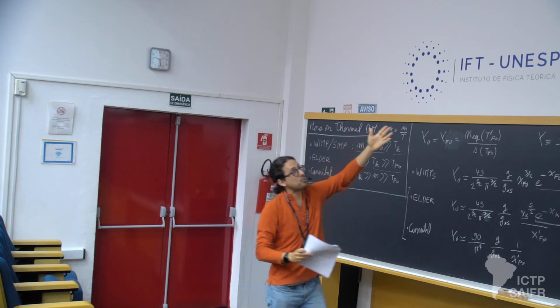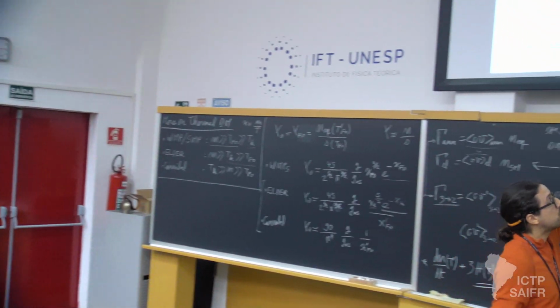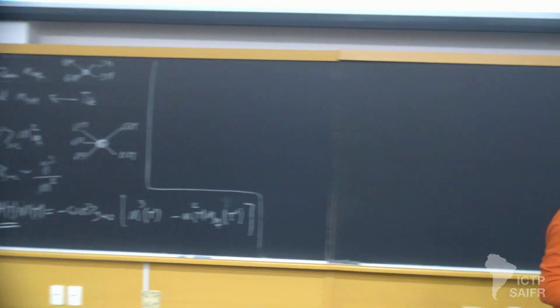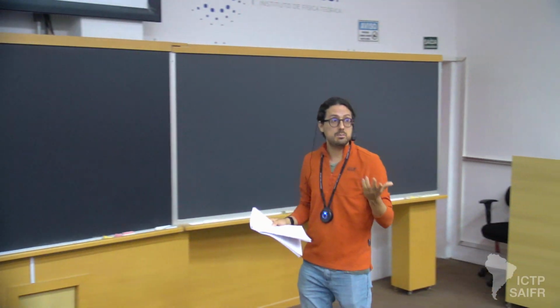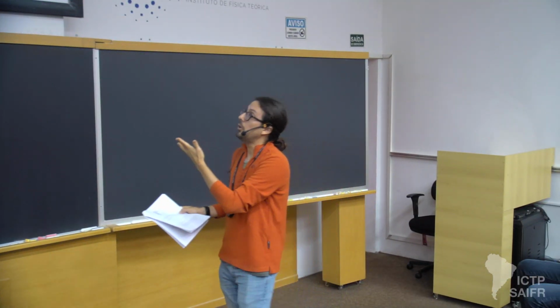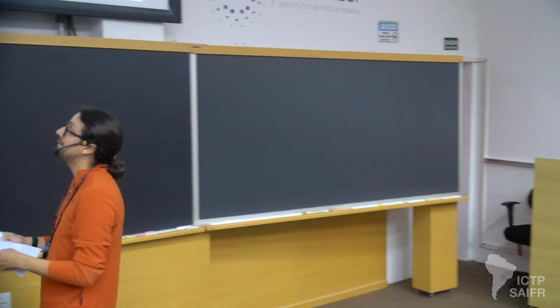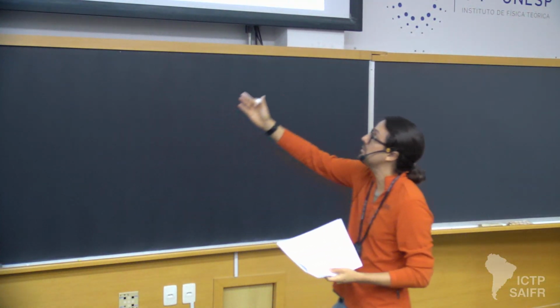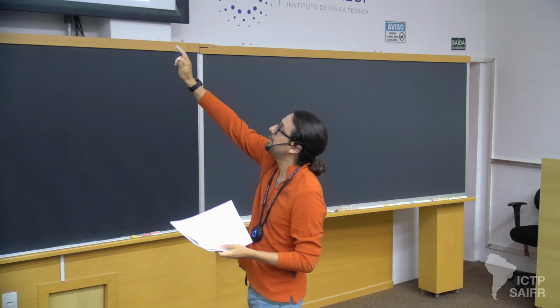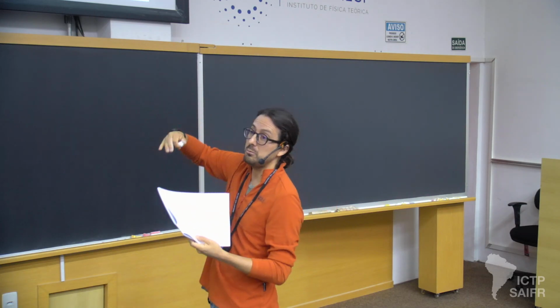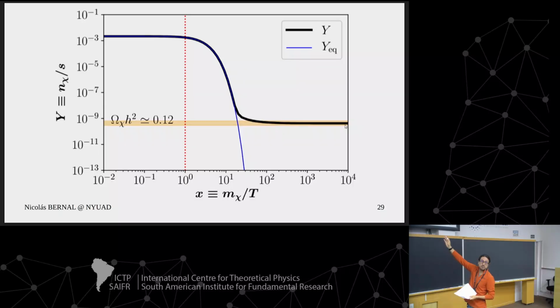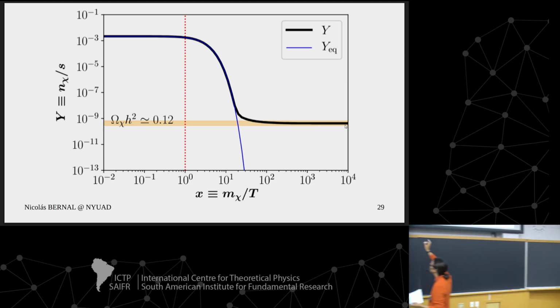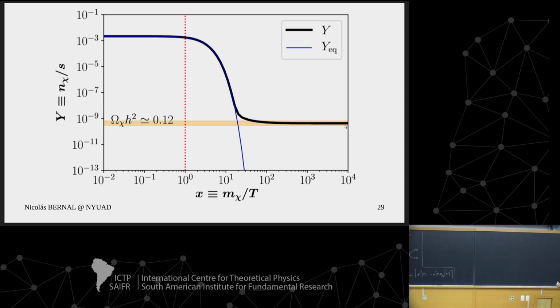WIMPs is basically a freeze out in the visible sector, whereas SIMPs is exactly the same freeze out, exactly the same Boltzmann equation, the same structure, and the behavior is exactly the same. So I'm showing you the same plot as for WIMPs; you will not see the difference.